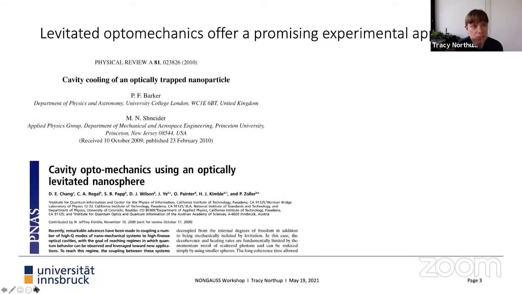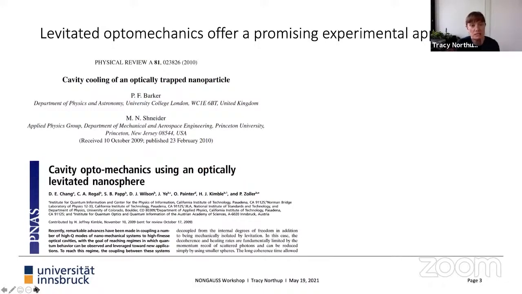And I'm going to focus today on levitated optomechanics. So we've heard examples of clamped optomechanical systems, or also this example from today of superfluid helium, which may be neither levitated nor clamped, but here we're going to talk about really systems that are suspended.